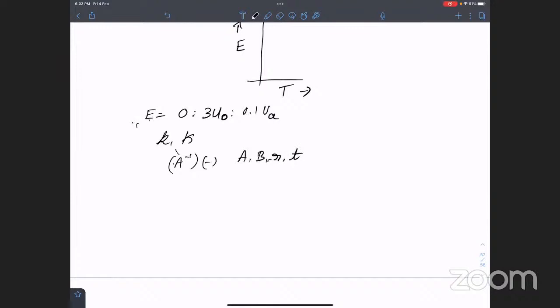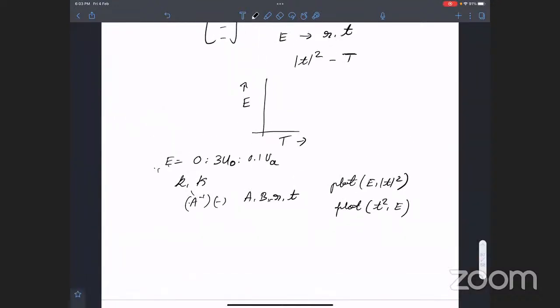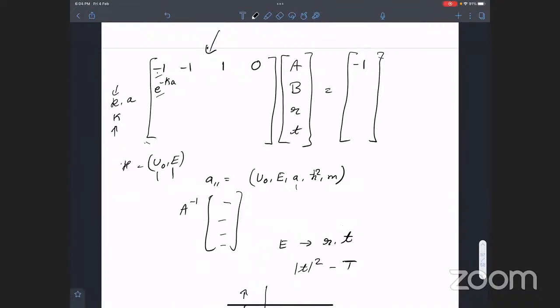So then you will plot e comma t squared, or in our case we should actually put e on the y-axis, so you're going to plot t squared comma e, something like this. Okay, I hope the assignment is clear. Work it out, you will get it.